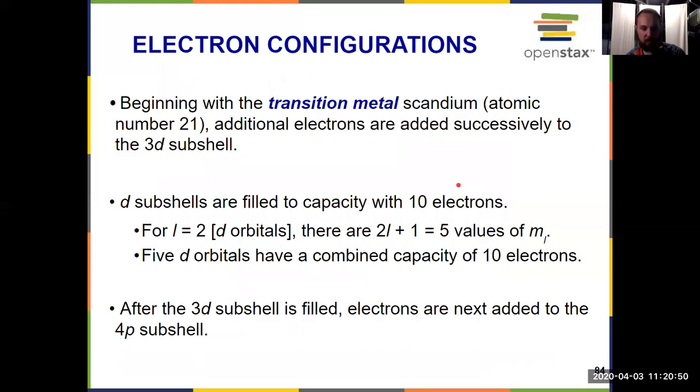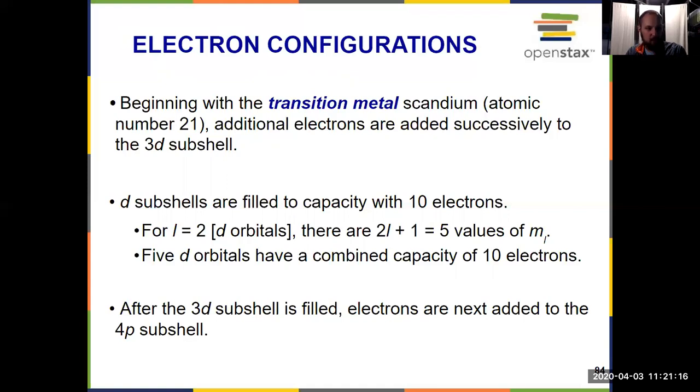A couple other considerations, and these are mentioned in the periodic table video. When you start working with the transition metals, so scandium at atomic number 21 and everything after that, we have the d subshell to consider. This is why reading the periodic table like a book with our electron configurations is helpful, because you have to pay attention to that transition.